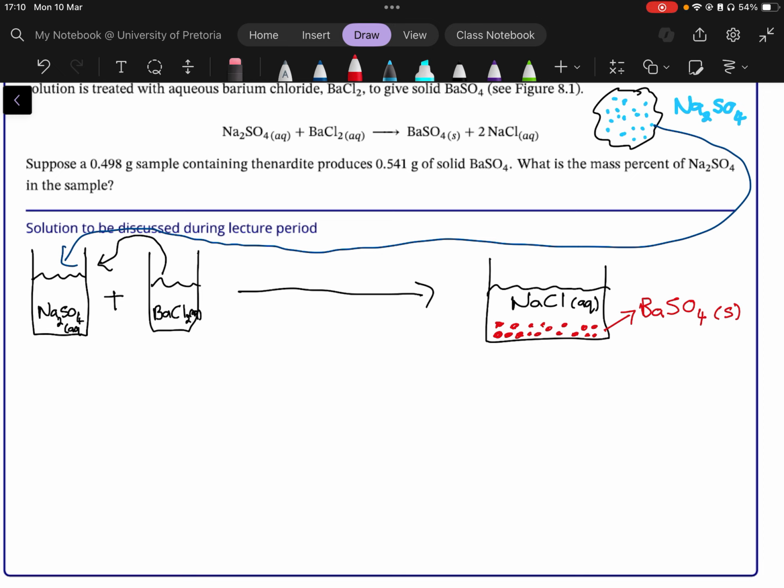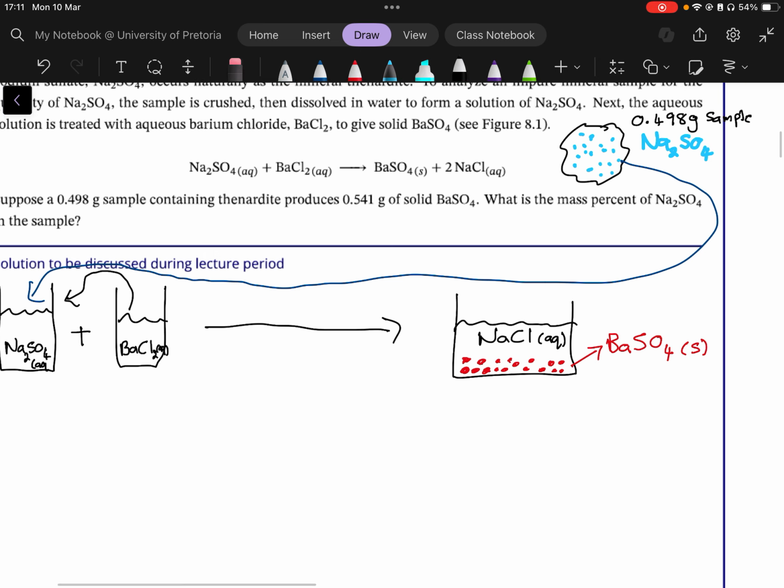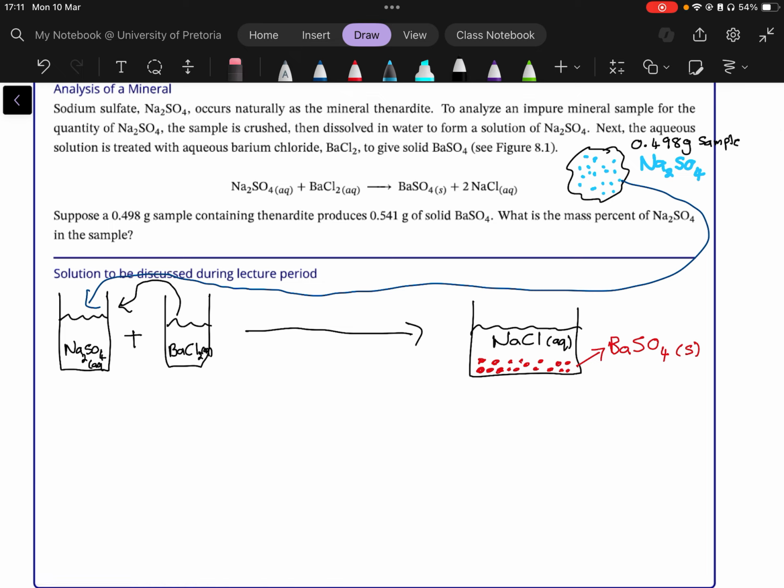Okay, now finally, let's look at the numbers that we're given. We're told information about the sample. We have 0.498 gram of sample. Remember, that's the mass of the impure sample. That's important. It's not the mass of the sodium sulfate, it's the mass of that entire rock that we crushed.